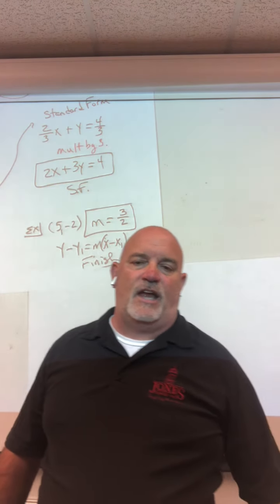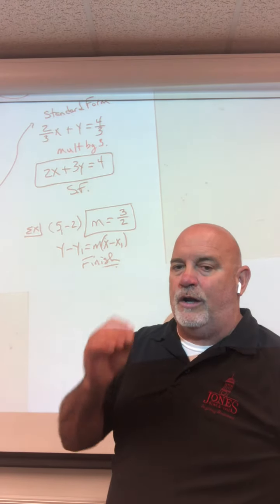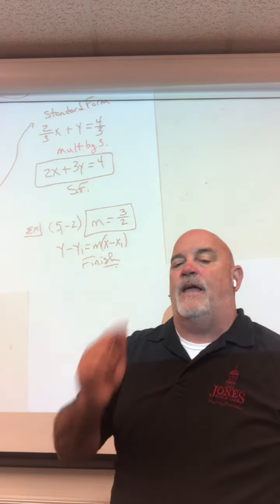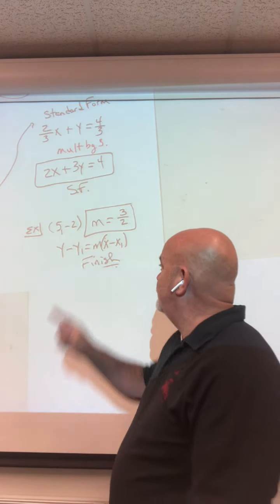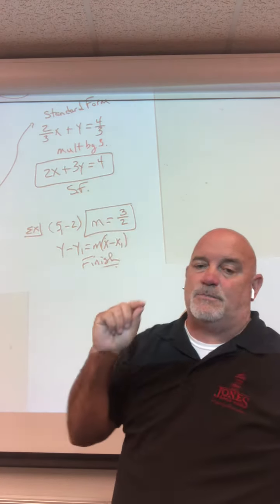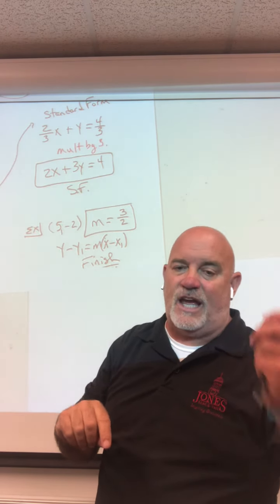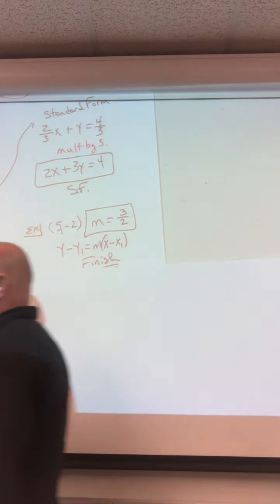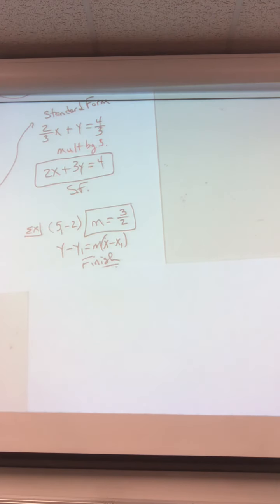Then you can put it in standard form. So the work is exactly the same. The only thing you have to remember is, if it says parallel, you use the same slope. If it says perpendicular, you have to change the sign and flip it. And then you use the point slope formula in either case. Okay?